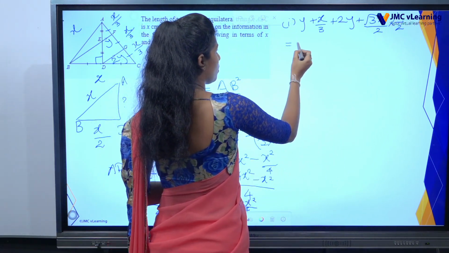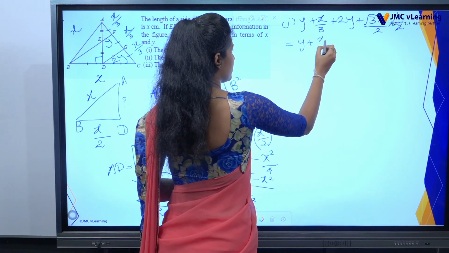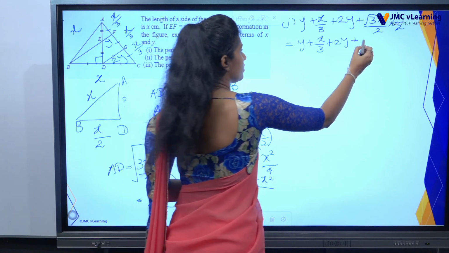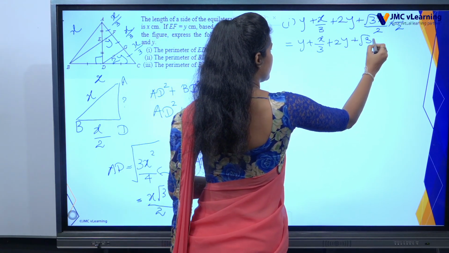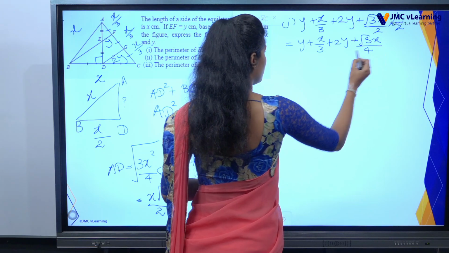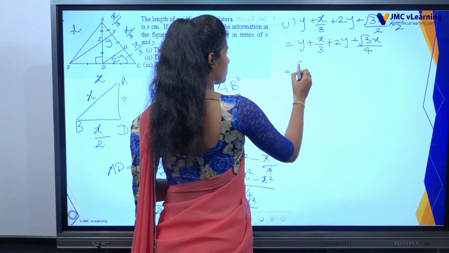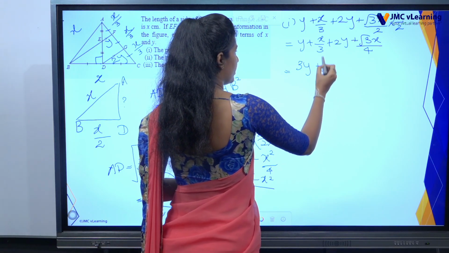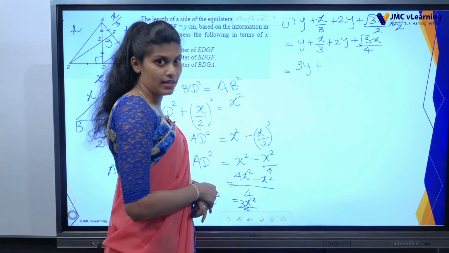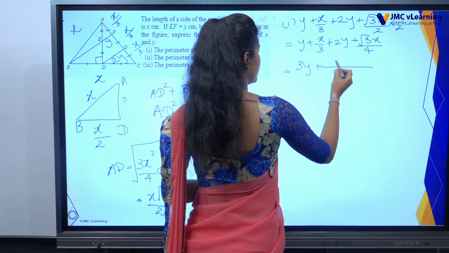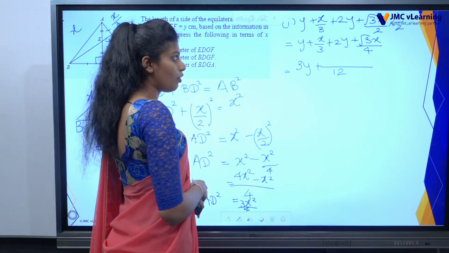Then let's add all this: y add x over 3, add 2y, add root 3 x over 4. y add 2y is 3y. And you have to add these two. Take the common denominator as 12. How many 3s in 12? It's 4.